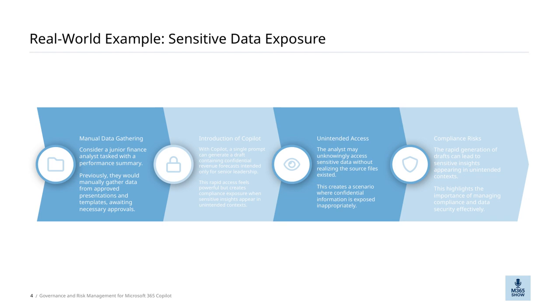In the past, they would manually gather data from approved presentations and templates, and then wait for approvals before sharing anything. This manual process provided a layer of control, but with Copilot, the process is faster, which is great, but it also means there's a greater need to manage how data is accessed and shared to prevent unintentional disclosures.